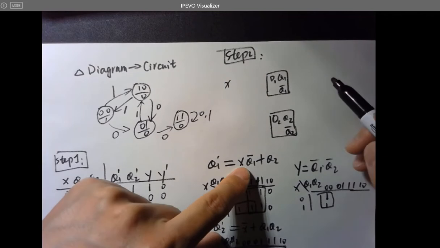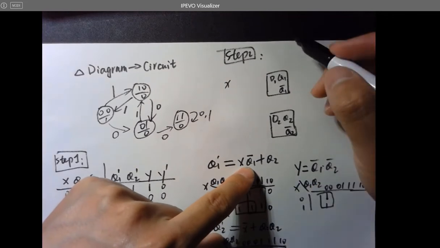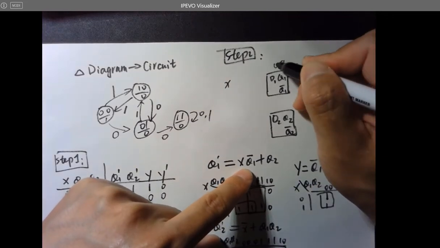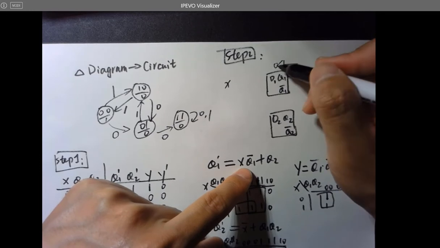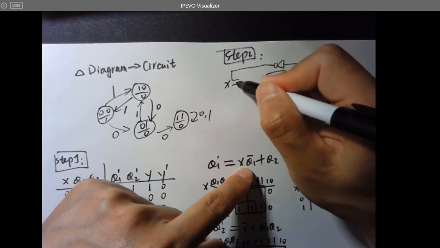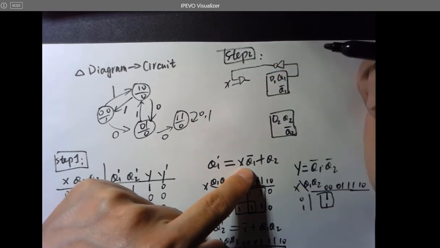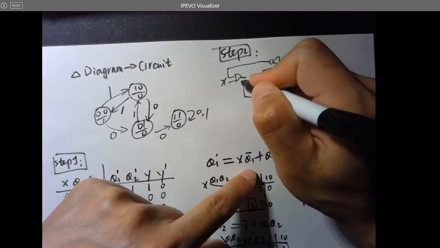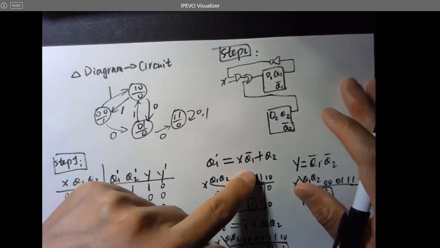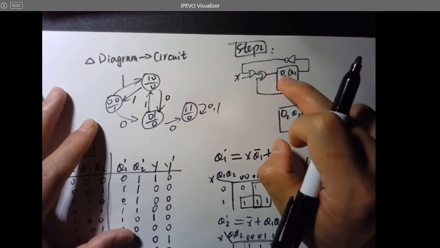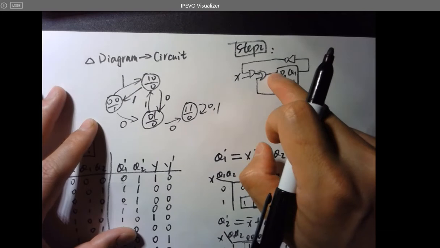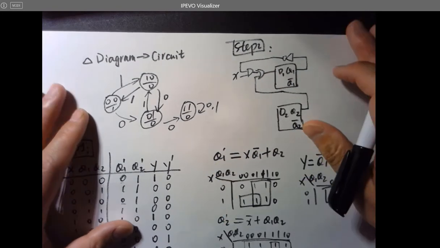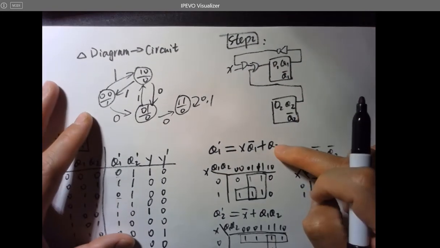So Q1 equals Q1 not. This has to be inverted first before it goes to that AND gate, then the OR with Q2. That's Q1 prime. It goes to D1. After the clock, it's transferred to Q1, becoming Q1 prime, the next state of Q1. So we're done for Q1 prime.